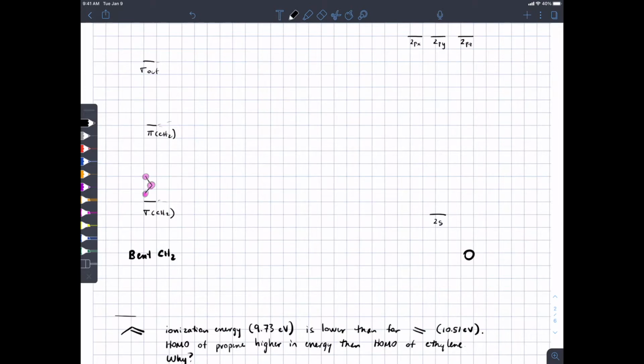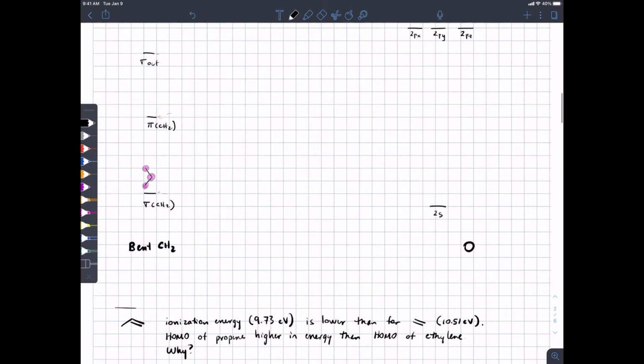So without even worrying what these look like, we would suspect that we have a plus combination of the 2s orbital on oxygen with the sigma CH2. We'll call this sigma CH2 plus 2s. And then we'll also have a minus combination, and the minus will be destabilized by just a little bit more than the plus one was stabilized.